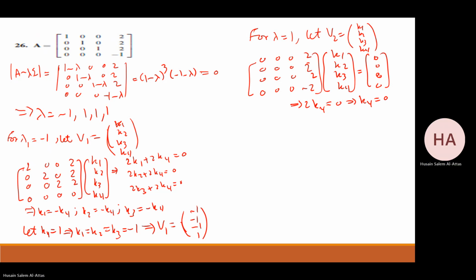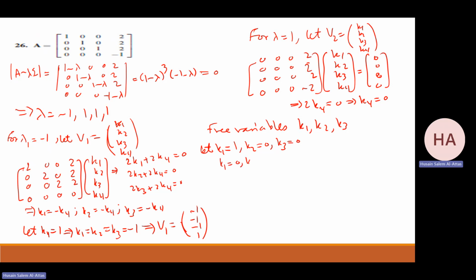Okay. What are the free variables? Be careful here. I have K1, K2, K3. I have three free variables, so I let K1 1, K2 0, K3 0. Then I let K1 0, K2 1, and K3 0.